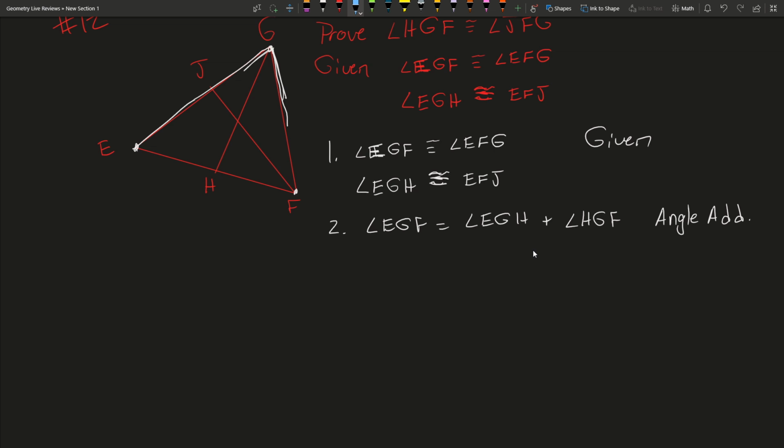And we also can get a formula for EFG, the angle in blue. That is the sum of EFJ plus JFG. And that's the same reason as the one in white.